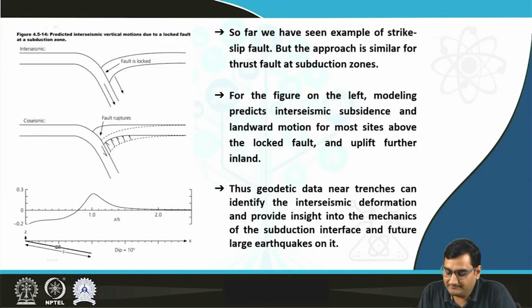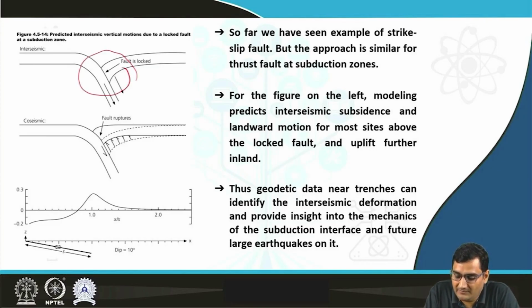So now let's talk about the interseismic vertical motion due to a locked fault at a subduction zone. This is the figure of the subduction, and you can see what will happen during the interseismic stage. There will be a landward motion, and for most of the sites above the locked fault, this is the fault where it is locked, there will be uplift due to the fault being locked in the landward motion.